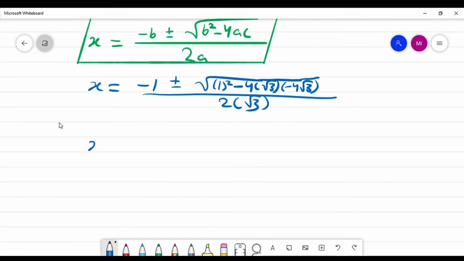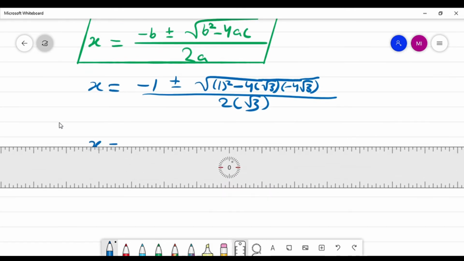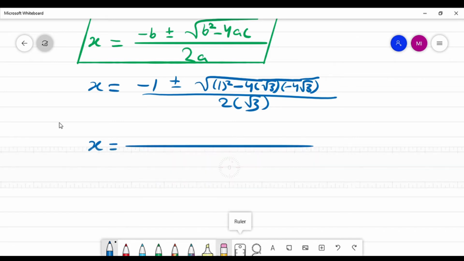So x is equal to negative 1 plus minus under root of 1 minus, or actually plus, here this is 4 into under root of 3 is 4 under root 3, and it's negative 4 under root 3 because the c is negative.